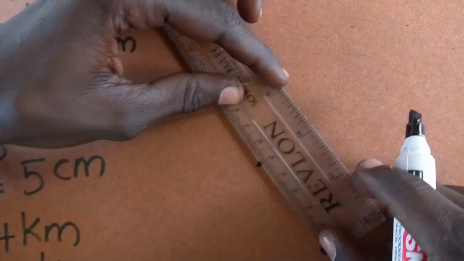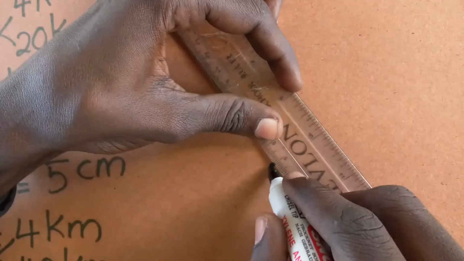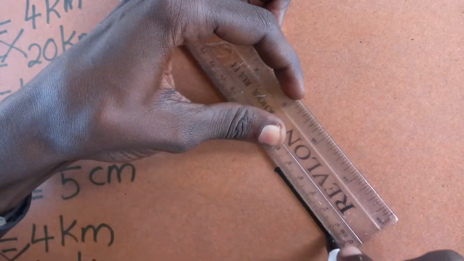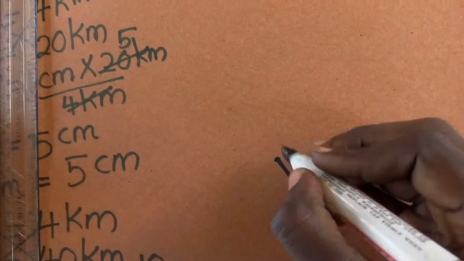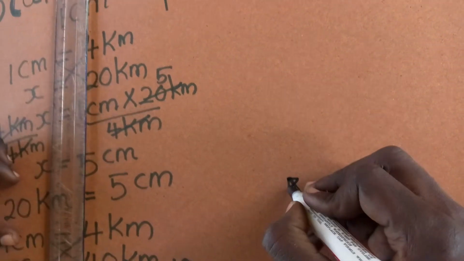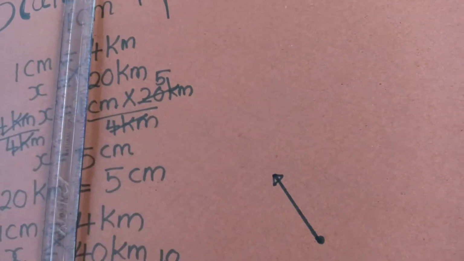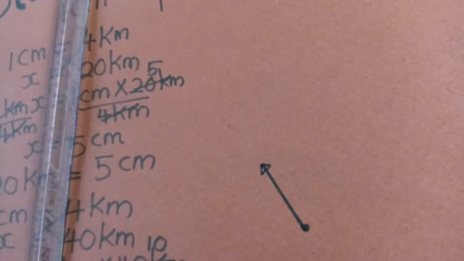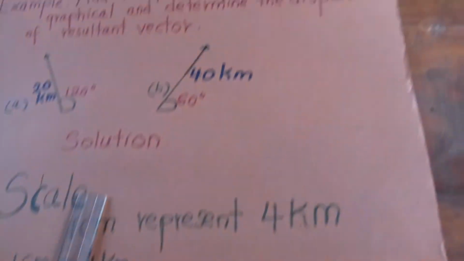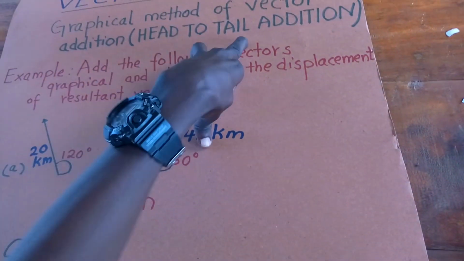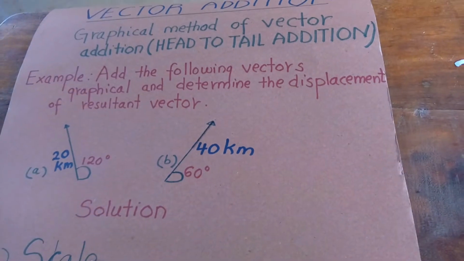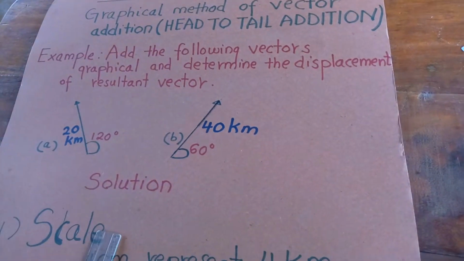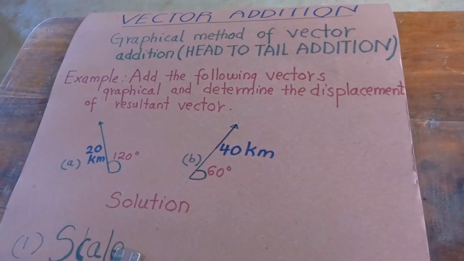So you have to draw it. This is vector A. But according to the graphical method of vector addition, it is head to tail. So we're going to add the tail of the second vector to the head of the first vector.